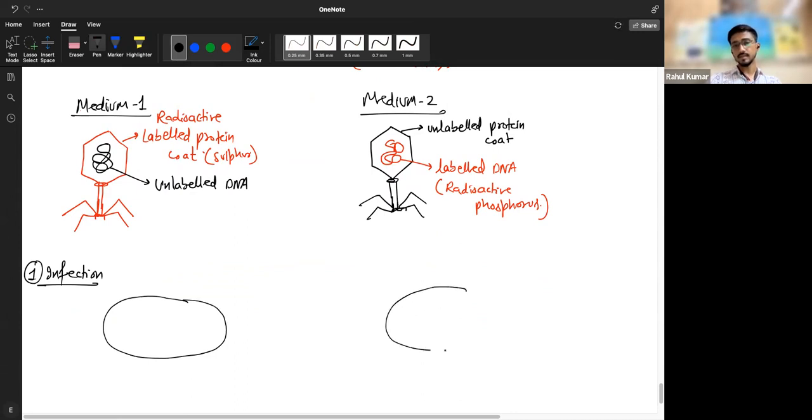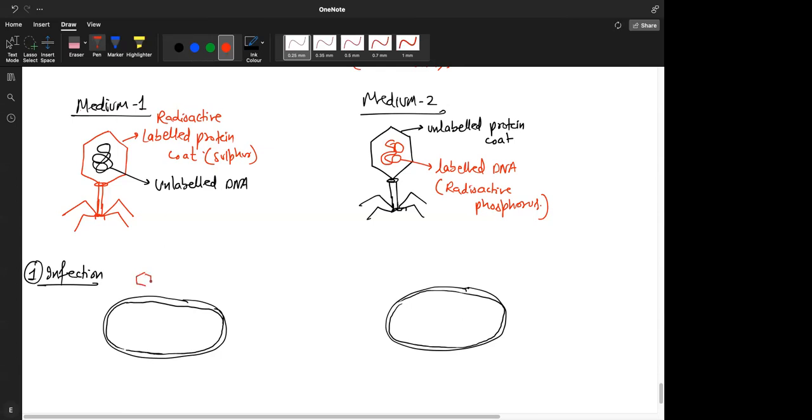Let's say there is a bacteria on both sides. Bacteria has a double cell membrane and the cell wall. So let me do this. I hope you all are drawing with me. Are you drawing it?